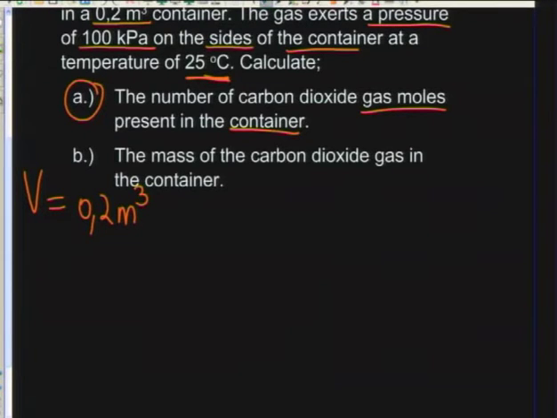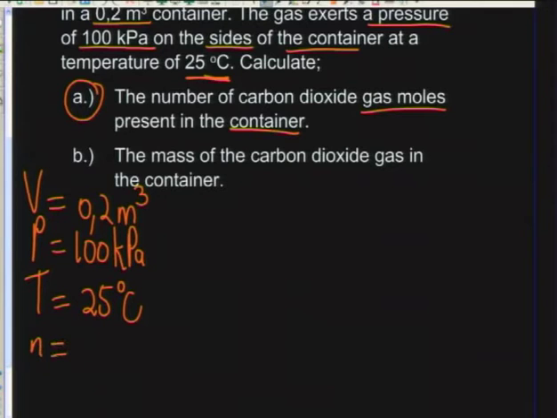And then we are given a pressure of 100 kilopascals, and we also have the temperature of 25 degrees Celsius. Now, we want to know the number of moles. N is what we need to know.